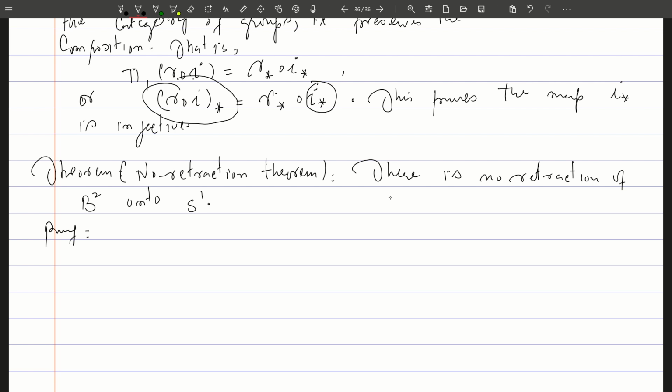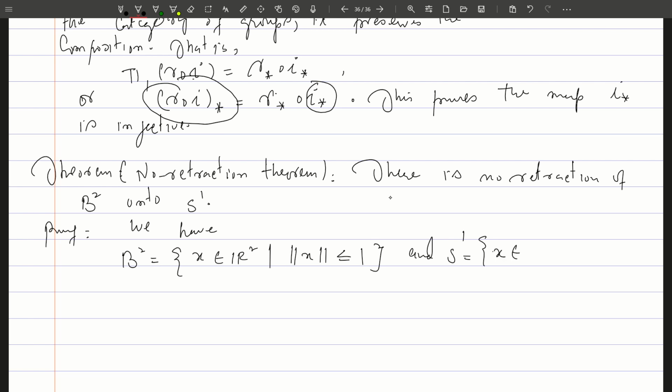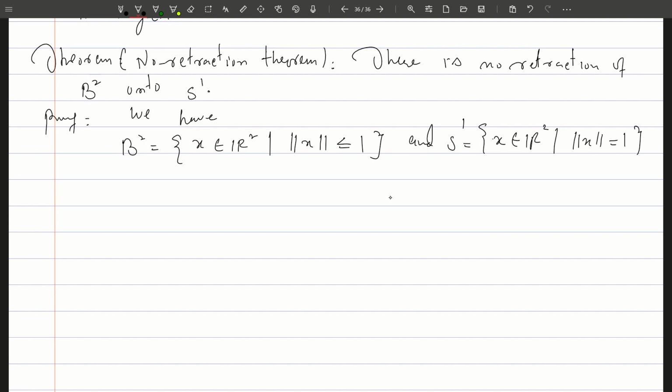So B2 is the set of all vectors in R2 whose length is less than or equal to 1, and S1 is the set of all points in R2 whose length is precisely 1. So we have to prove there is no retraction of B2 onto S1.